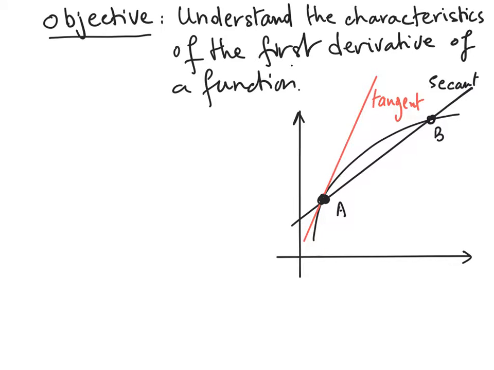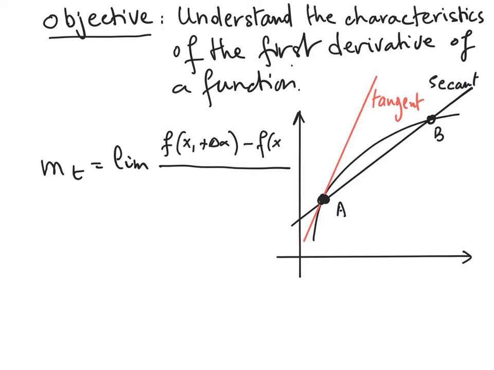In this video, we are going to explain the characteristics of the first derivative of a function. In a similar video in part 1, we saw that the definition of the derivative mt is the limit of the slope of the secant through AB, which is given by f(x1 + delta x) minus f(x1), divided by delta x as delta x approaches 0.